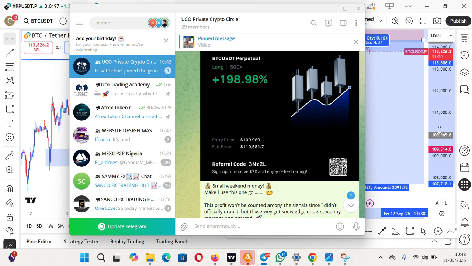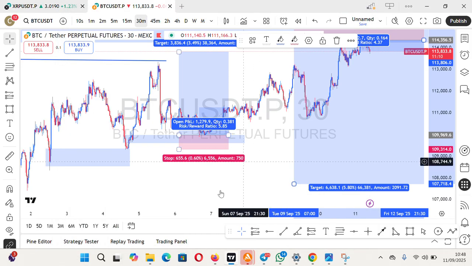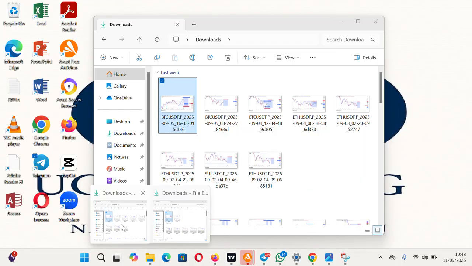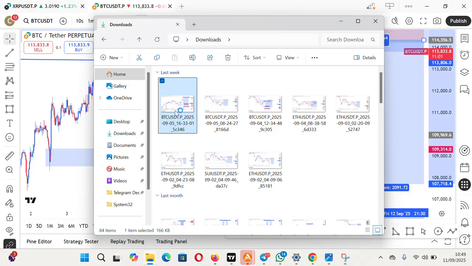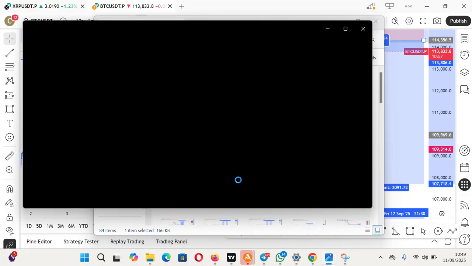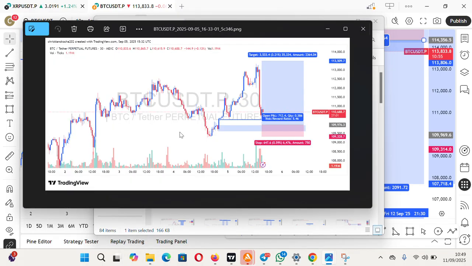I took the trade. So before I continue, I also want to show you the screenshot of the chart before it started moving. You can see this was the analysis before I came to an entry.